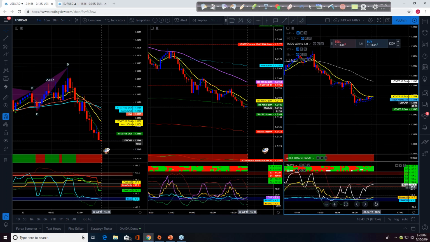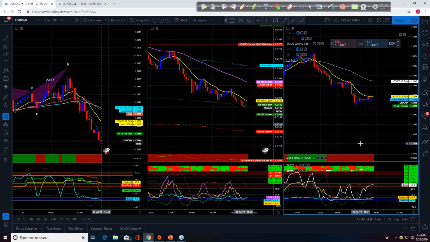It's just a condensed version of what used to be multi-wave, where we had so many of these different waves jumbled up on one chart, and now it got condensed into tab 29, where one wave actually has a multitude of different waves within it. That's why it's called the power 10, because it has more waves within just that one indicator alone. That's why it's just more of a powerful tool.